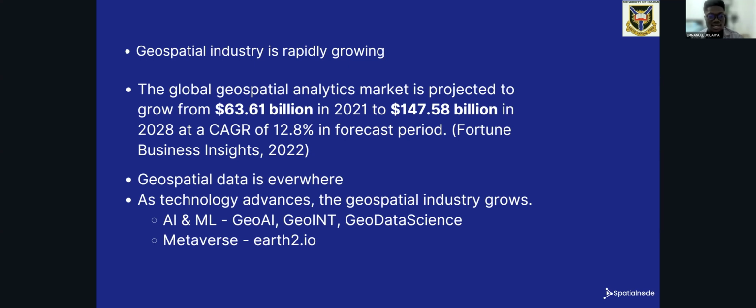That's a lot. And as we already established, geospatial data is everywhere. So if you can use your knowledge of data science, or any domain knowledge that you have, and start looking at the geospatial data around you to find a problem to solve, you have a chance of getting a large chunk of these billions of dollars of the global market.